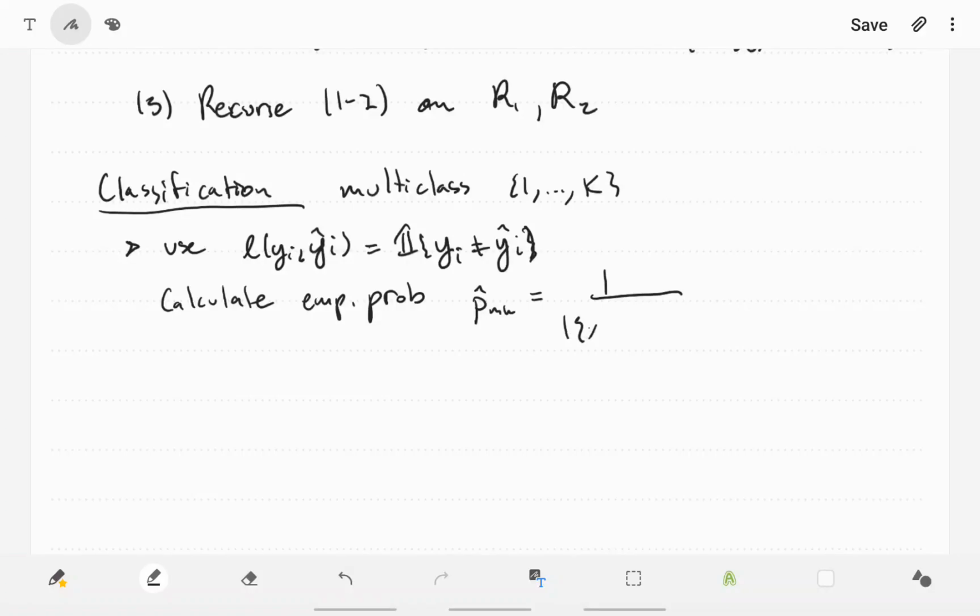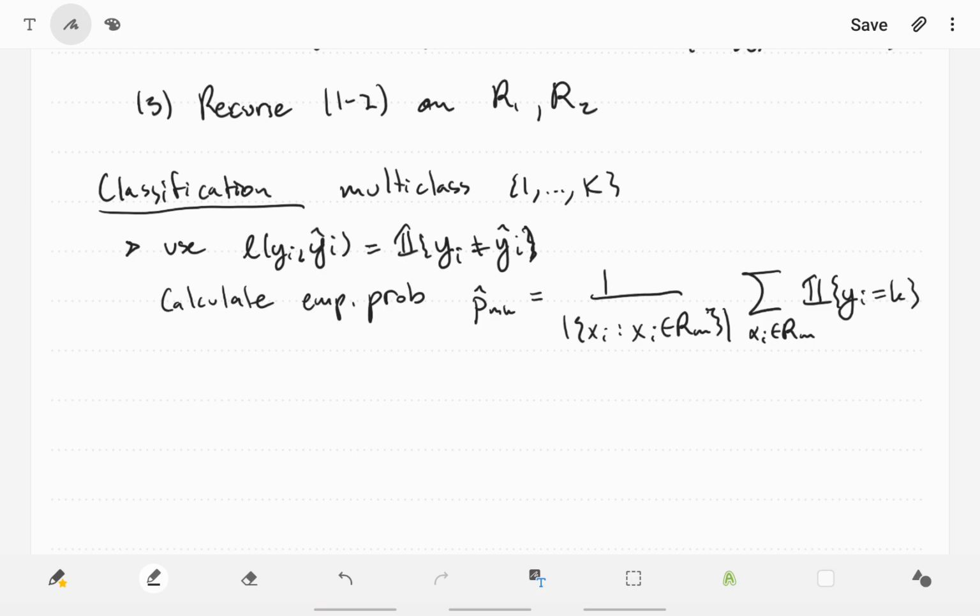So this is 1 over the number of xi's within the region Rm, a rectangular region, times the sum over the xi's within the region Rm of the indicator that yi is equal to k. So this is just the proportion of data points that belong to a given class k within the region. Right?